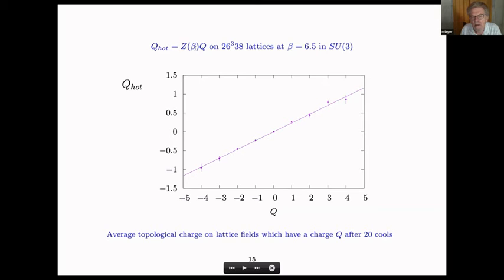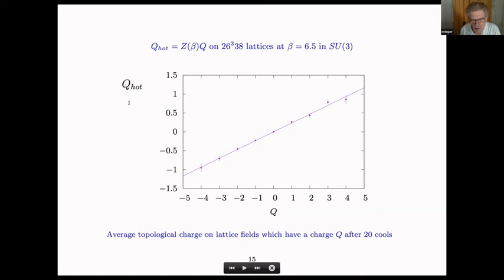So calculating this factor here, the normalization factor. If you're on SU3, and we have quite high statistics, sort of 20,000 configurations on which we calculate the topological charge, or more than that even, maybe 100,000 in some cases.